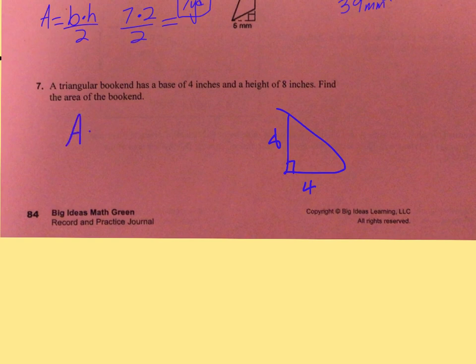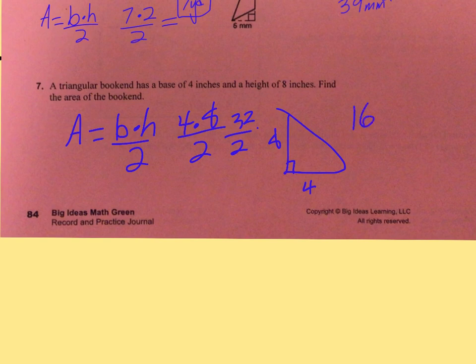So area equals base times height divided by 2. So we're going to go base 4 times 8 divided by 2. 4 times 8 is 32 divided by 2. That is 16. So we have 16 inches squared.